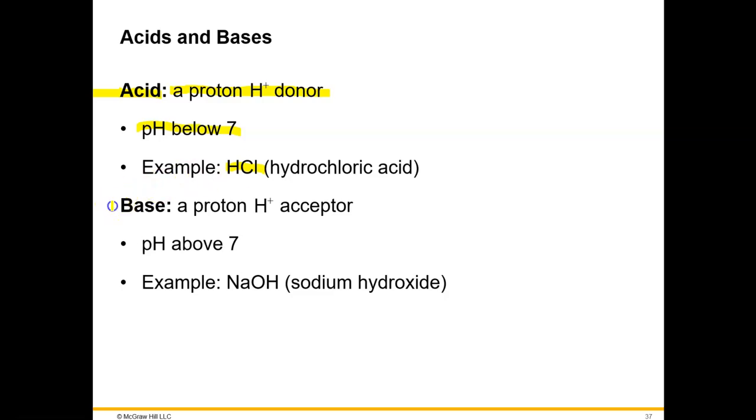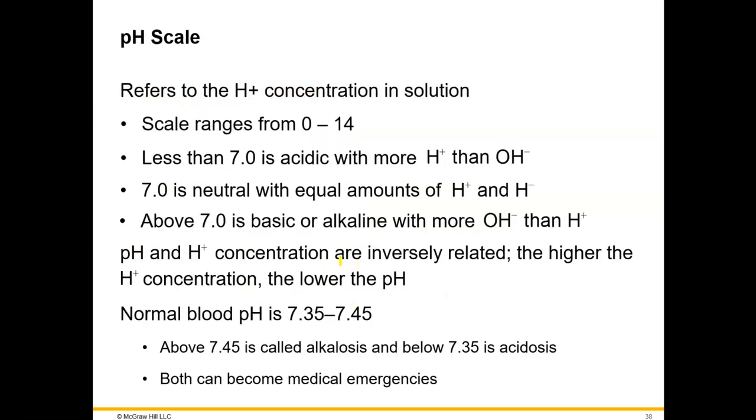A base is not going to donate a proton or hydrogen ion, but it's going to accept a hydrogen ion or a proton. The pH of a base is going to be above 7, and one example of a strong base is sodium hydroxide. Sodium hydroxide will remove or accept hydrogen ions from solution. Acids will add hydrogen ions to the solution.